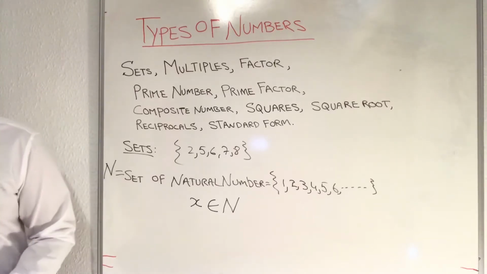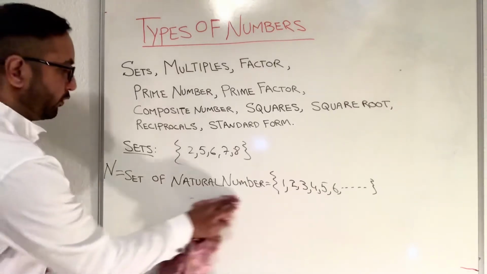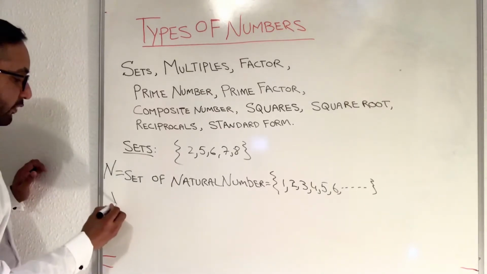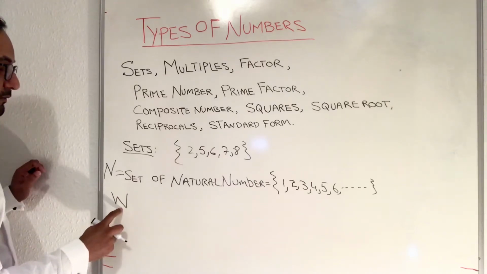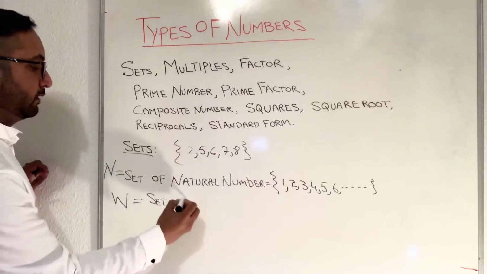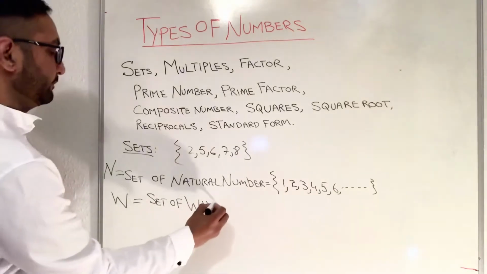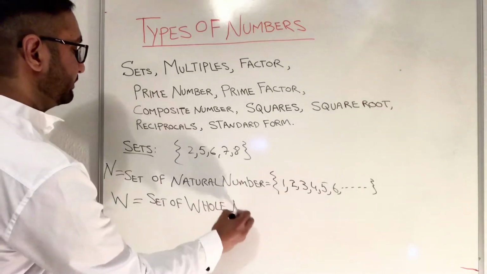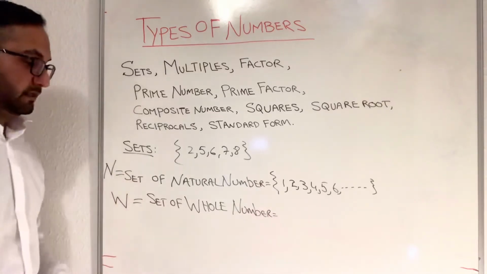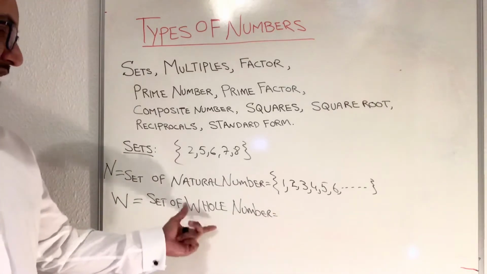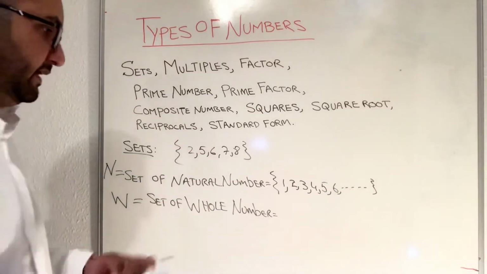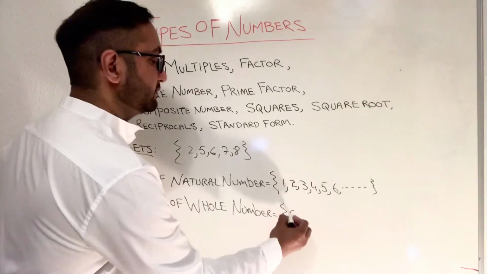The second is called the set of whole numbers. The notation we use is W. The set of whole numbers looks similar to the natural numbers, but one thing we add is 0.